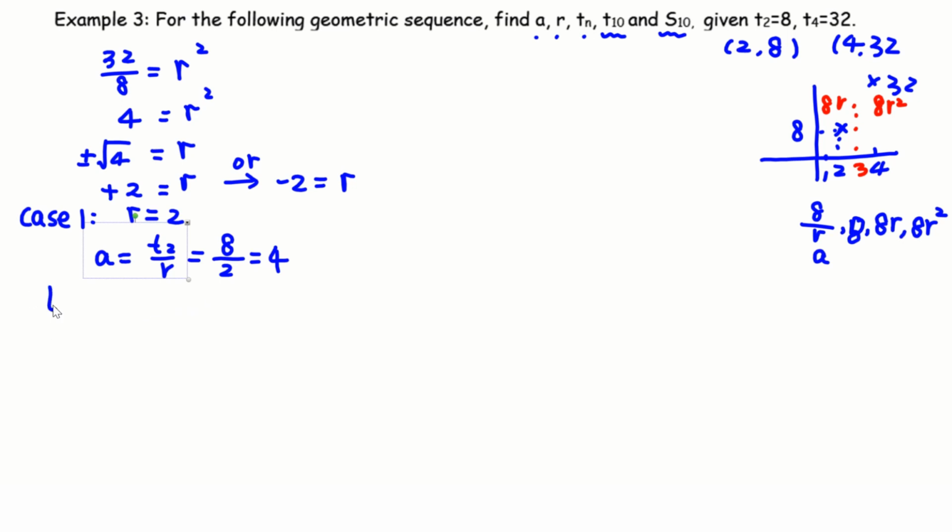Then t sub n is a times b to the exponent x, where b is r and x is n minus 1. So we sub in a and r, then you have the general term formula: 4 times 2 to the exponent n minus 1.